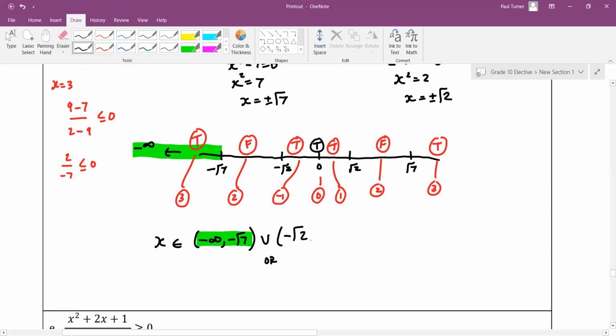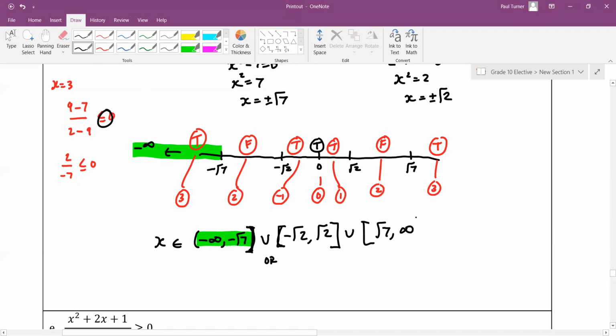So minus root 2 will go up to, and root 7 can be included. I should have used a square bracket there too. Square bracket, and also these can be included because we've got an equal sign in the question. So square bracket will go up to root 2, square bracket, or square bracket from root 7 to infinity.